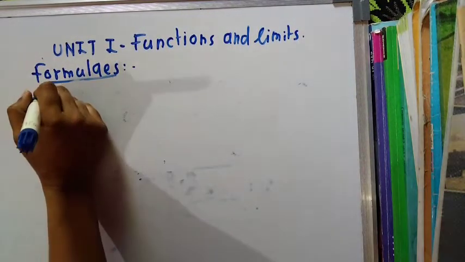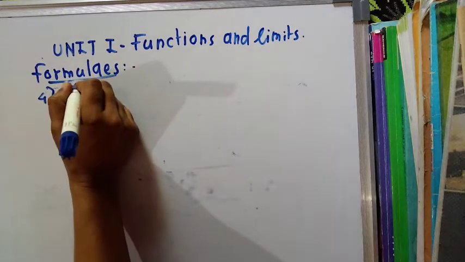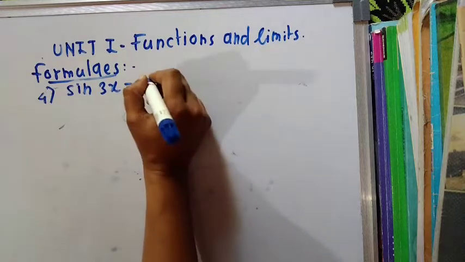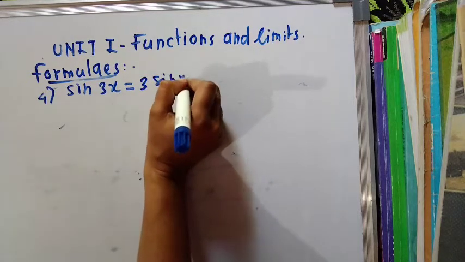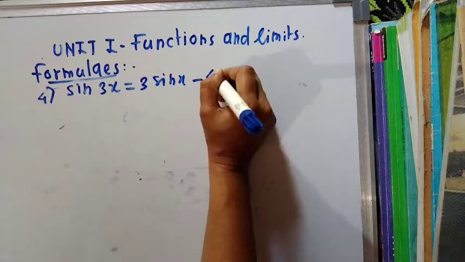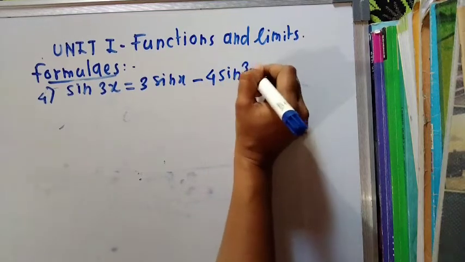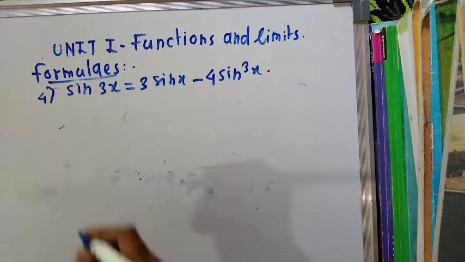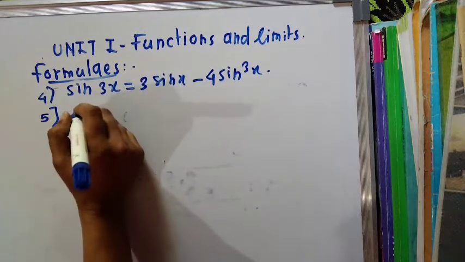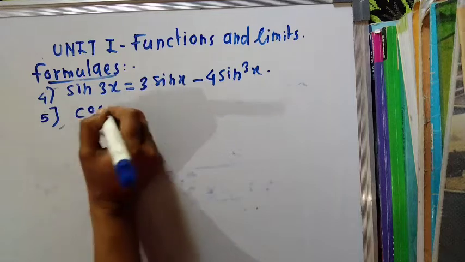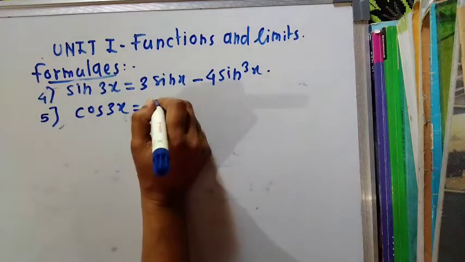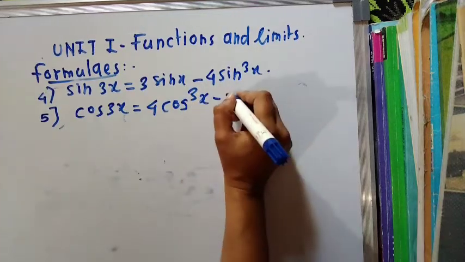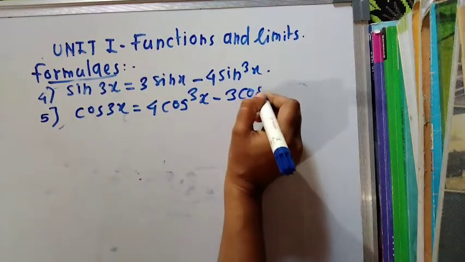Then fourth formula, sin 3x, which is equal to 3 sin x minus 4 sin cube x. Then next formula, cos 3x, which is equal to 4 cos cube x minus 3 cos x.